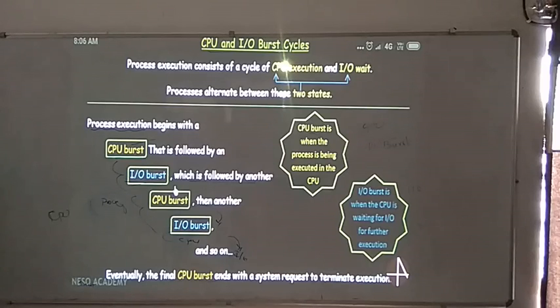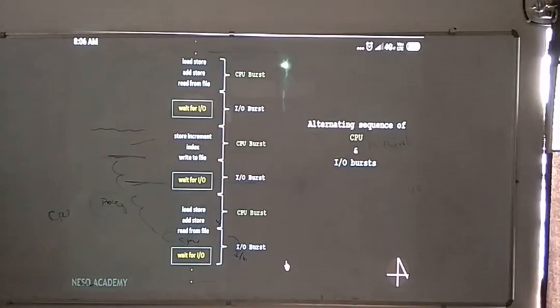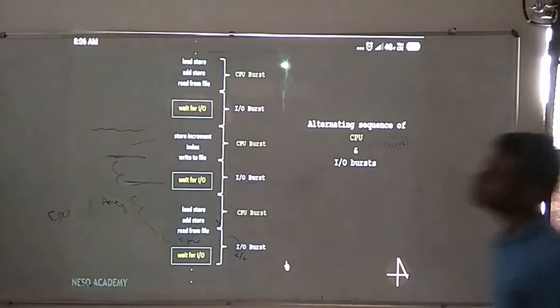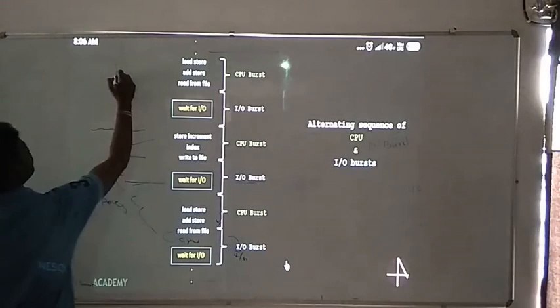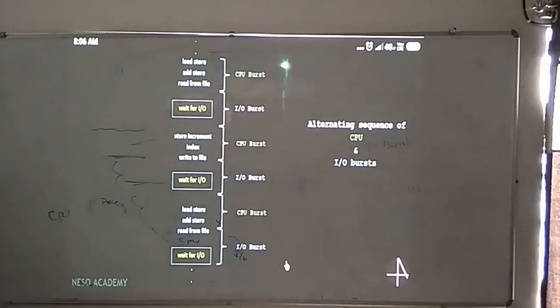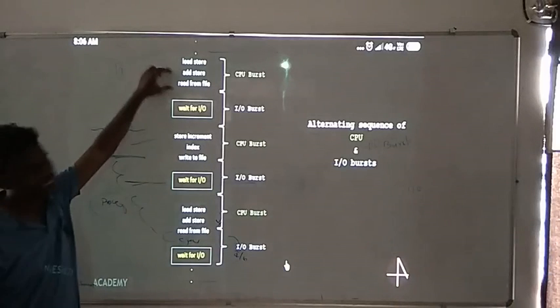When we are executing the processes, each will be assigned the processor, and we'll be executing some instructions. Let us see how we have the CPU and IO burst cycles. See, this is an example where you can easily understand. Suppose process 1 is given to your processor and the CPU is executing.